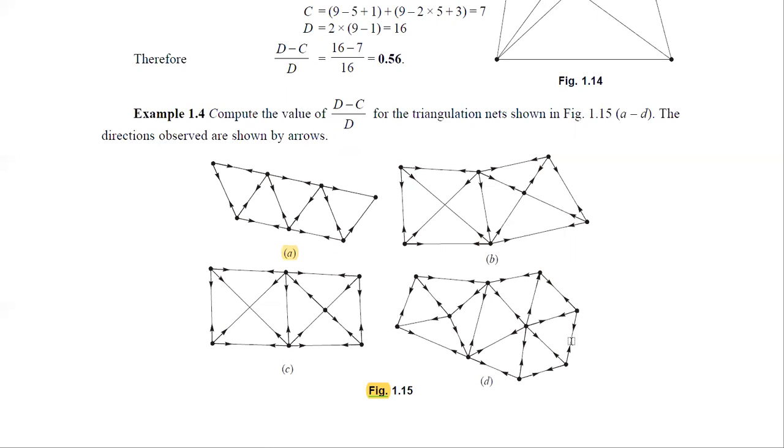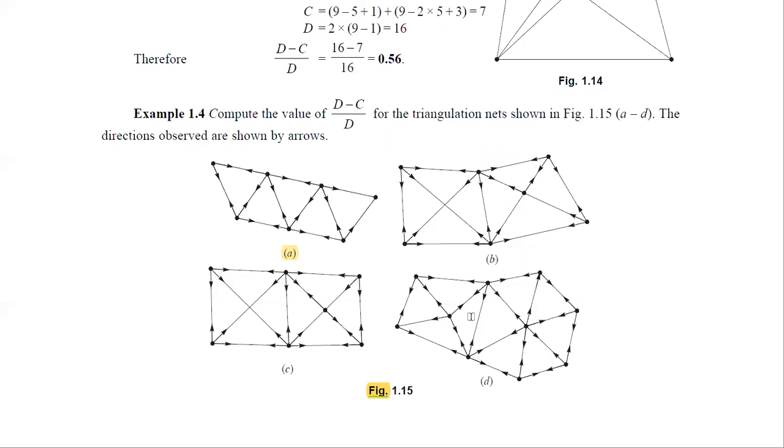Now how many of them have been observed in one direction only? This is a classic case where we can get confused. In our opinion, how many lines have been observed in one direction only? Here you can find that this line has been observed in one direction only. Any other?